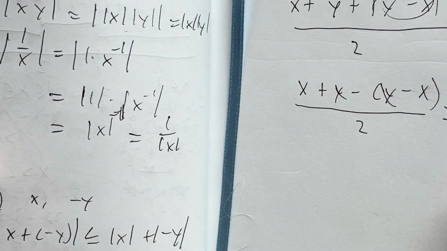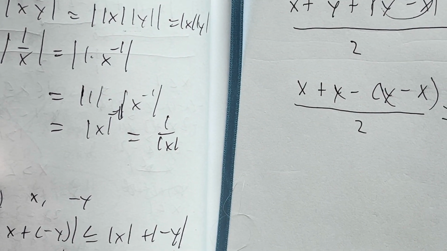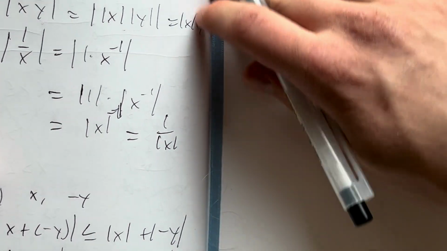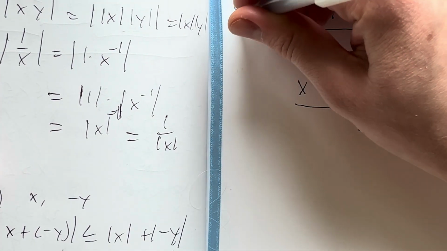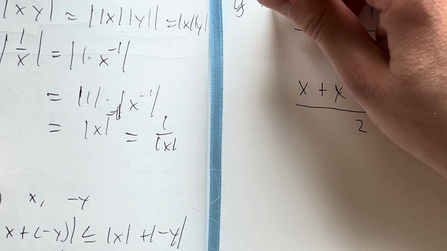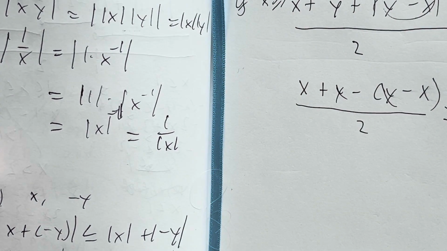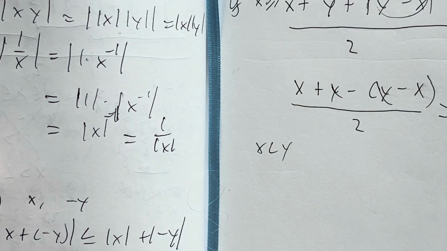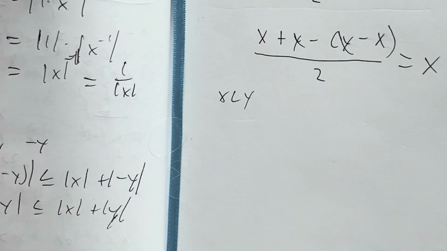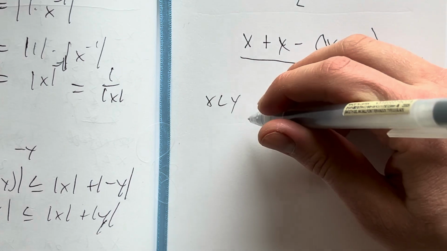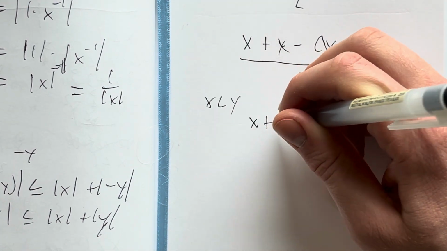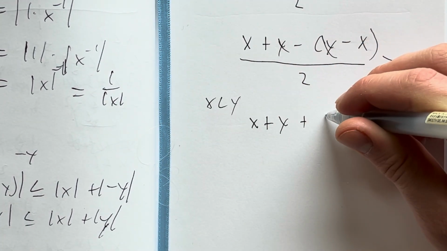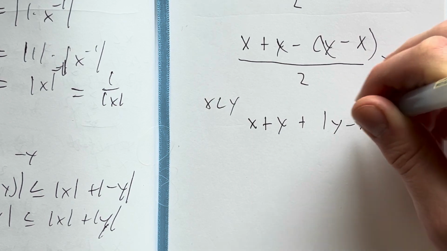And I suppose it's enough of a proof if I just do the two cases. First, if x is greater than y, and then x less than y. And it obviously works similarly for x less than y, which is x plus y plus absolute value of y minus x over 2.